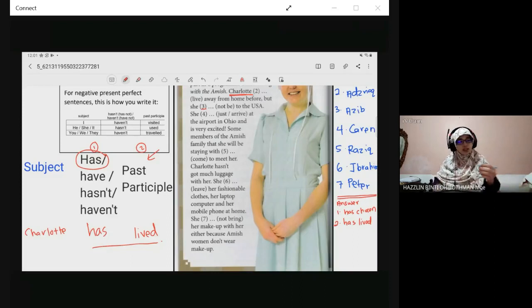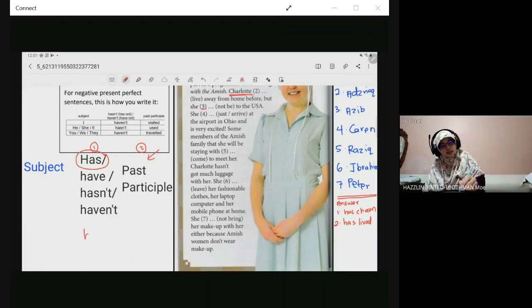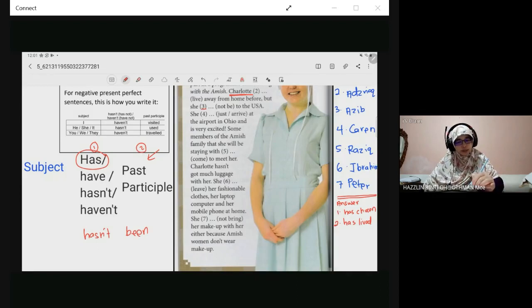Azib, what is your answer? Hasn't been. Okay, good. Here the answer is correct. Why do you use hasn't? Because the subject is she.